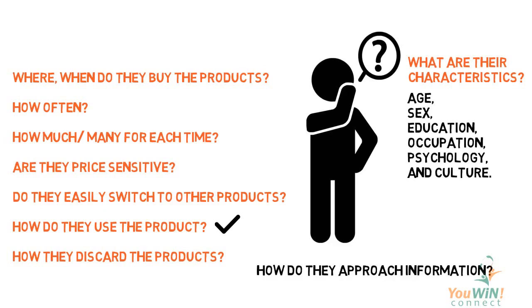In terms of customer characteristics, something that we should also note is how customers approach information. What kind of information are they interested in? When? And what source do they rely on for their information? This would also assist us in knowing how to send information to our would-be customers.